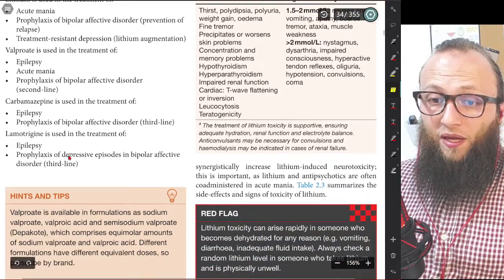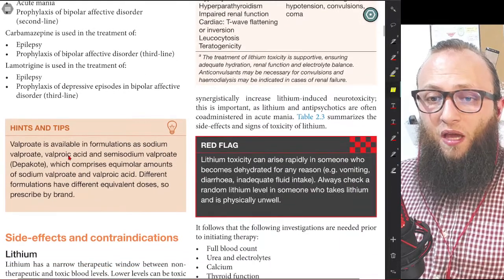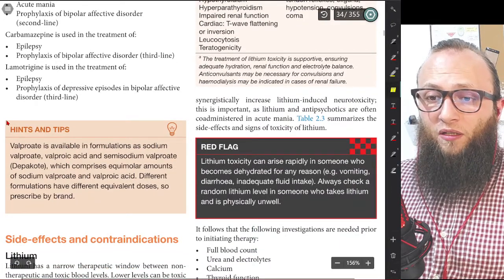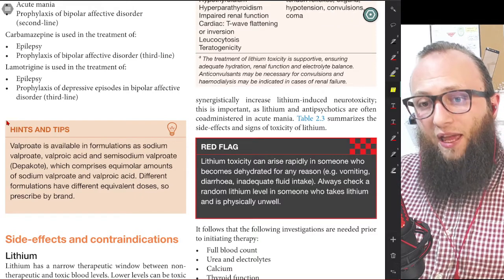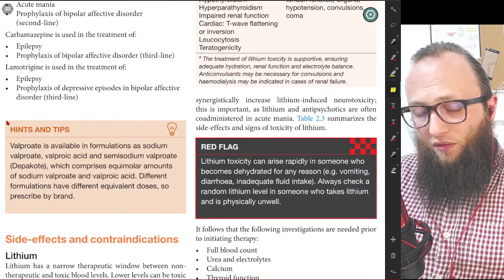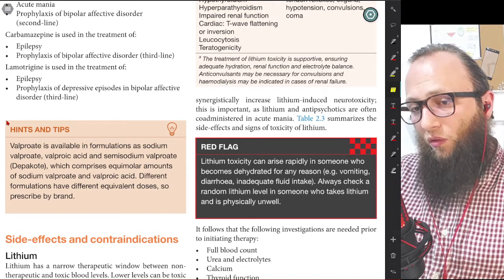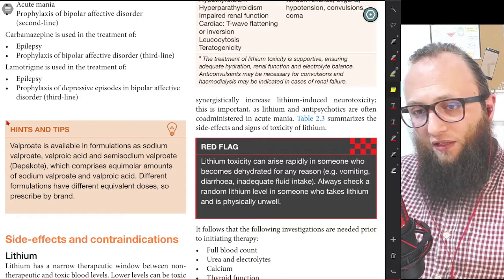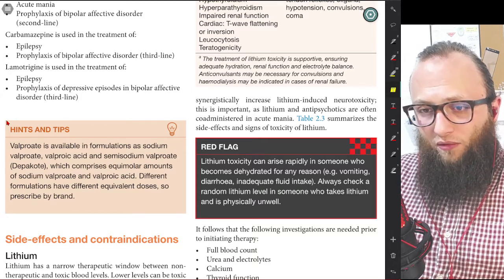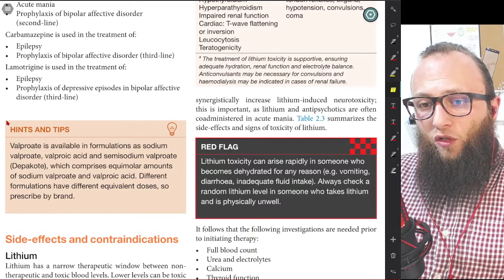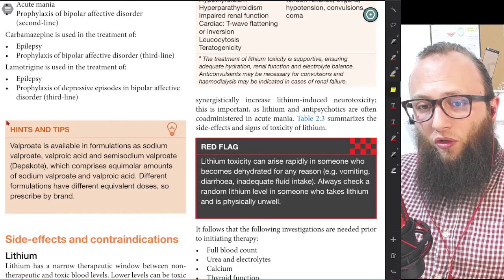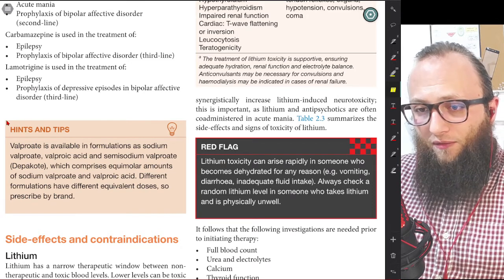Here we have some hints and tips. Valproate is available in formulations as sodium valproate, valproic acid, and semi-sodium valproate, Depakote. Semi-sodium valproate comprises equimolar amounts of sodium valproate and valproic acid.